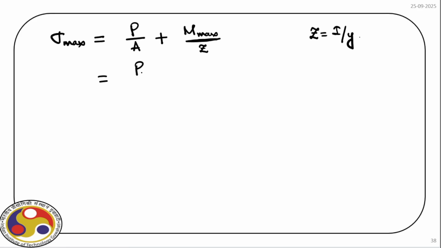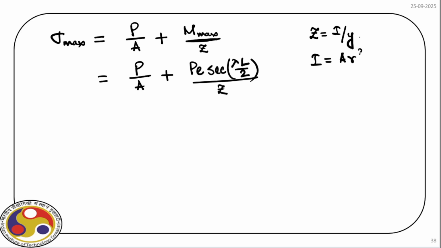So let us now put the expression of M max in this equation and let us see what we get. So in case of M max, we have P times E times sec lambda L by 2 divided by Z. Now we know what is I. I is A times R square, R is the radius of gyration.